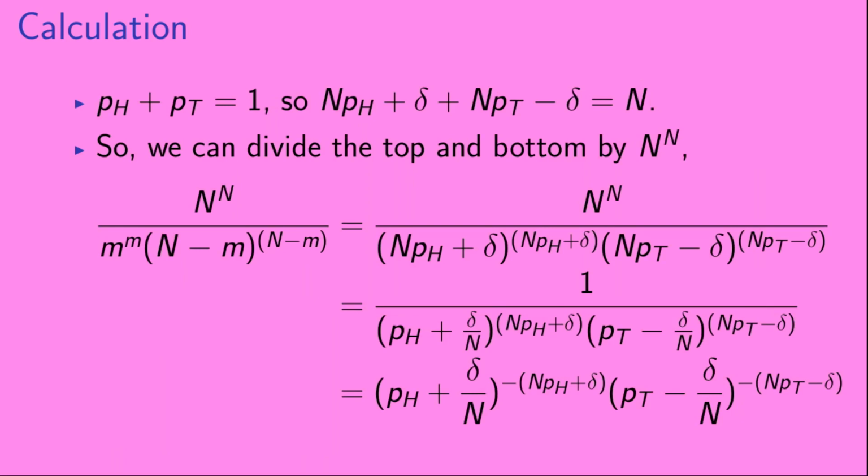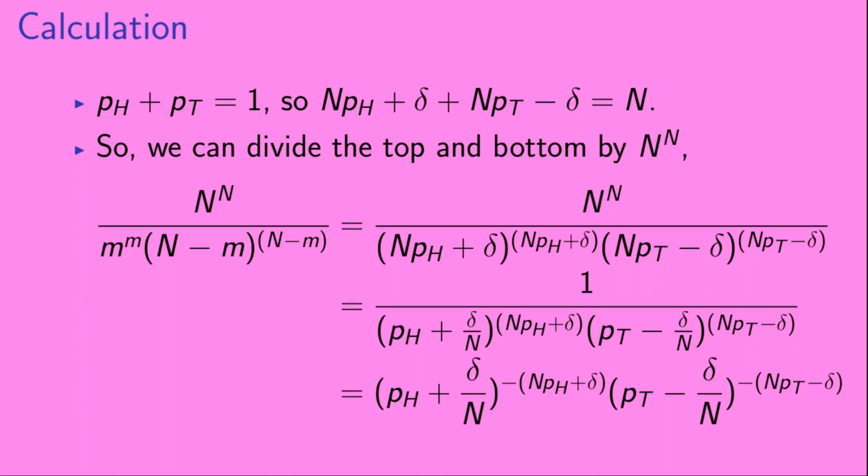Now again, ph plus pt equals 1, so n ph plus delta plus n pt minus delta equals n. This lets us divide the top and bottom of this fraction by n to the n. Okay, so in the numerator, the n to the n gets divided by n to the n and becomes 1.